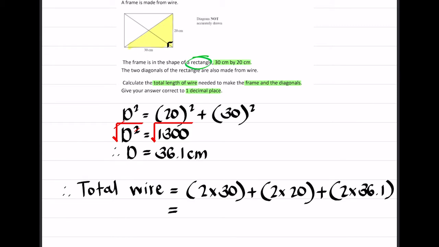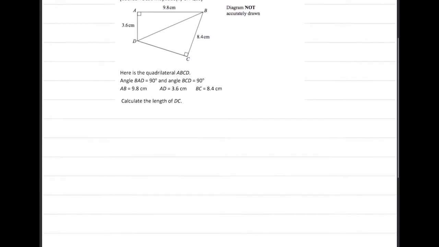So therefore, the total wire that is needed, rounded to 1 decimal place, is 172.2 centimeters.